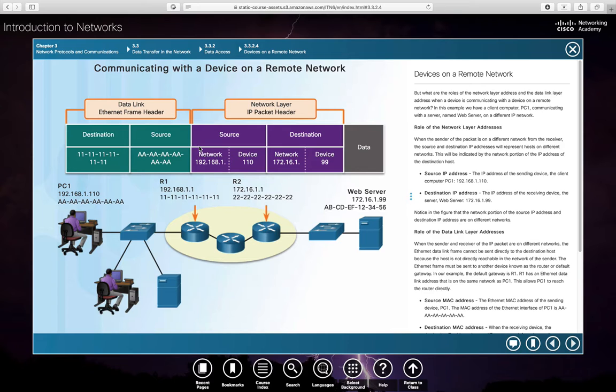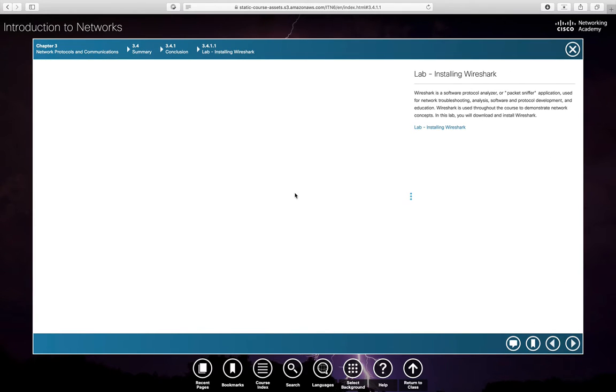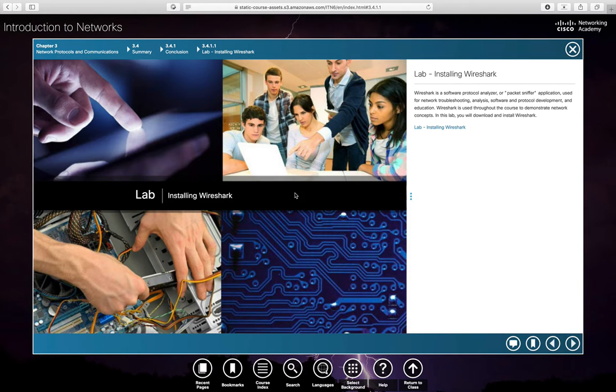Now, a lot of times we are going to spend time talking about IP addresses, also talking about Ethernet frames and IP packets and that type of thing. So there is a tool that can aid you as a network engineer called Wireshark. Wireshark is a network sniffer, or its official name is a protocol analyzer.